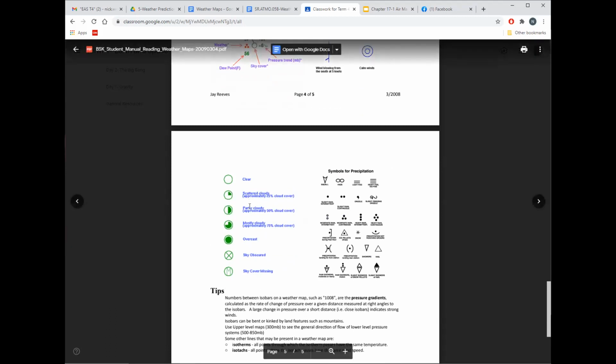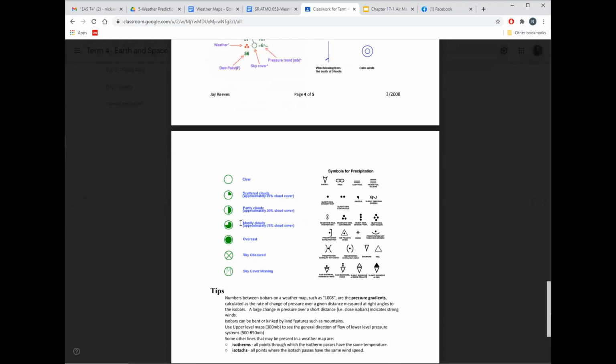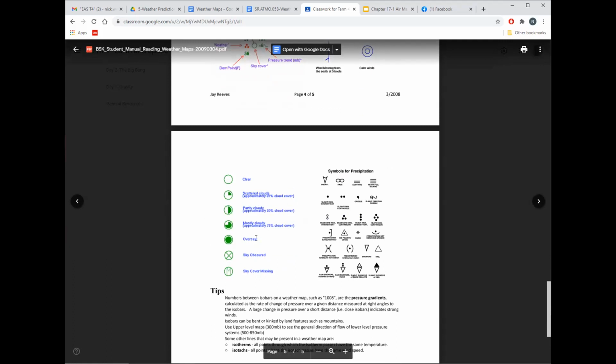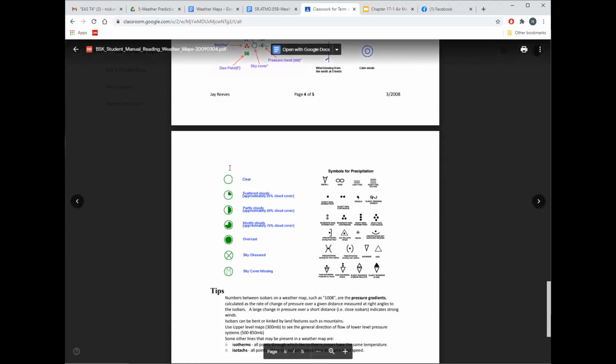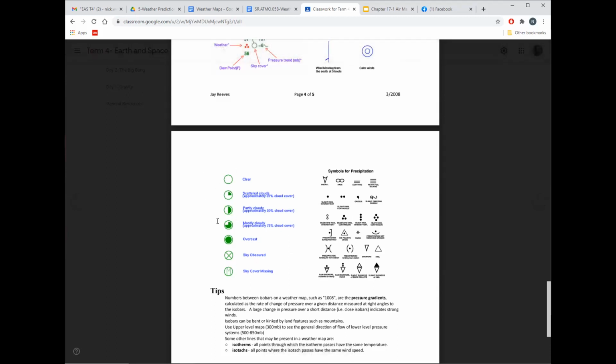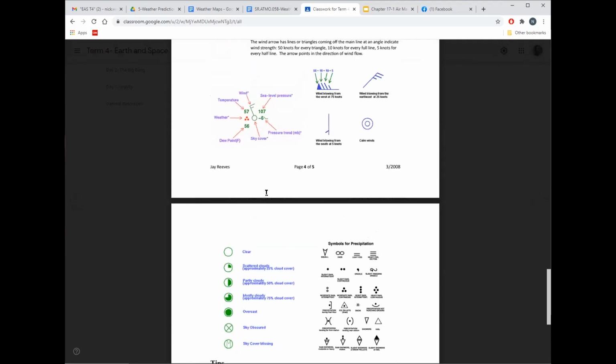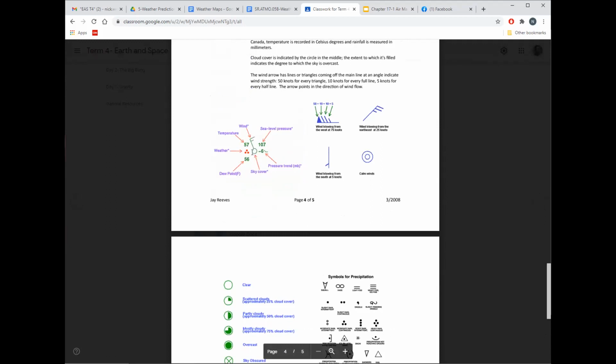It could be half filled in as partly cloudy. 3/4 of the way filled in is mostly cloudy, and if it's all filled in, those are the overcast days where you can't even see the sky. If they're reporting at night or they can't see the sky because of fog or something like that, they might put that symbol, or if they just don't have the data. But mostly you're going to see just these top symbols: clear, quarter, half, 3/4, and overcast. So that's that center circle right there.